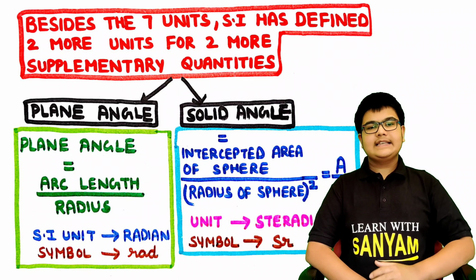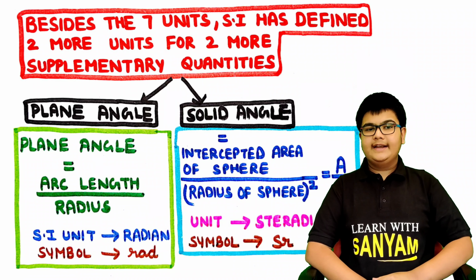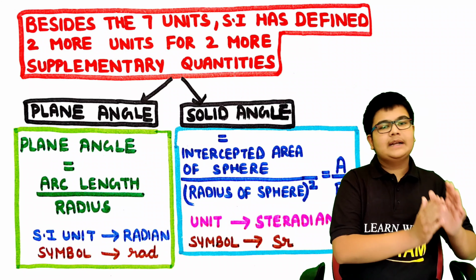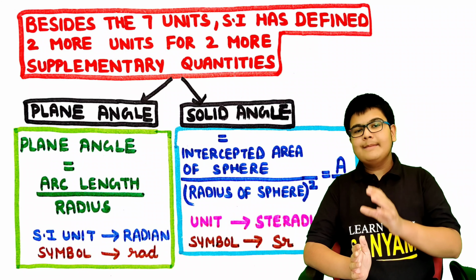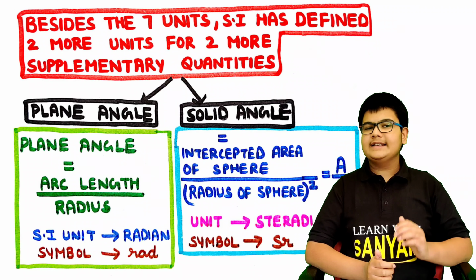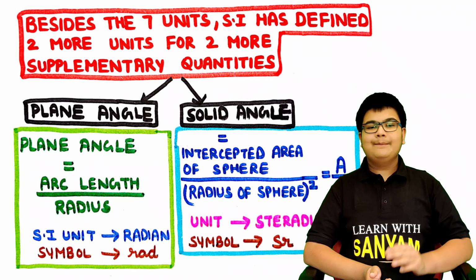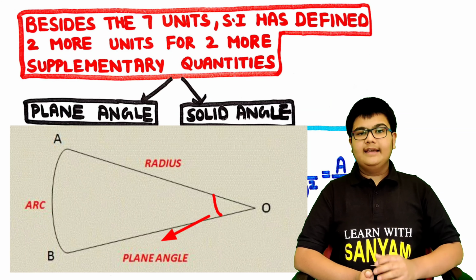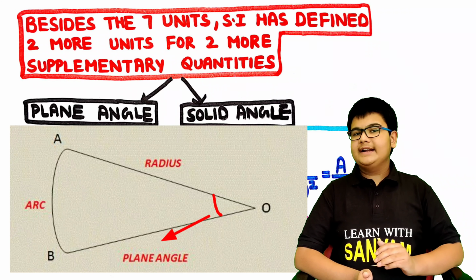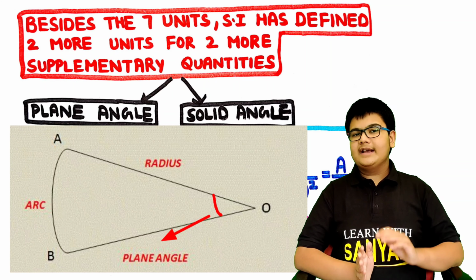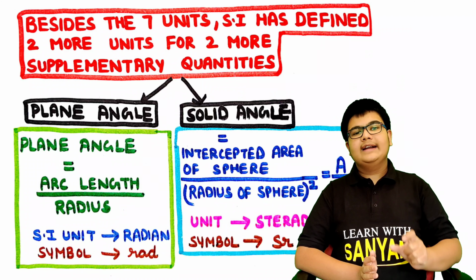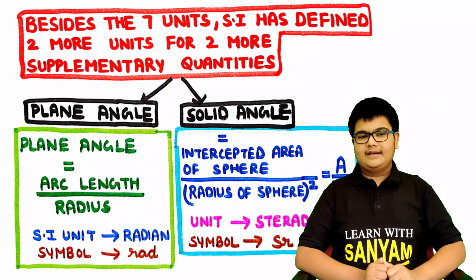Now besides these 7 base quantities, SI has defined 2 more supplementary quantities and given them SI units. These quantities are plane angle and solid angle. Plane angle is nothing but arc length divided by radius. If we take a circle and an arc in it, then the arc length divided by the radius is called plane angle.